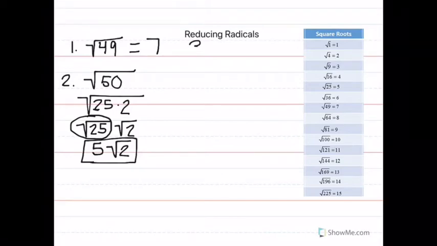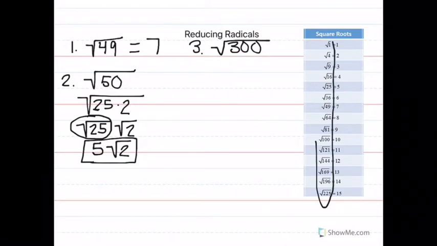Number 3. Now let's try the square root of 300. 300 is not on our list. Even if we extended the list farther, which you can, it would not be on the list. So looking at all of the numbers underneath the radicals, find a number in this list that is a factor of 300.